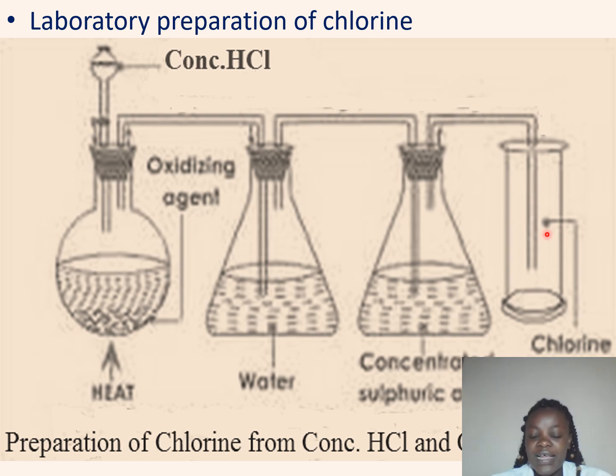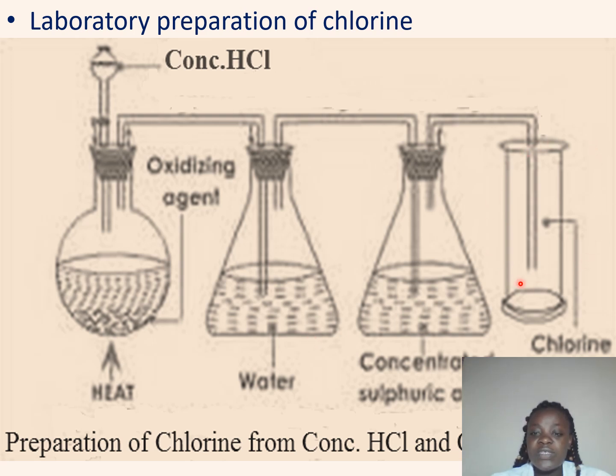Then we can collect our chlorine gas in a gas jar, through a method known as the downward delivery method, or what we call the upward displacement of air. We are going to see why we use concentrated sulfuric acid and why we use water, that is, what is the purpose of concentrated sulfuric acid and what is the purpose of water.